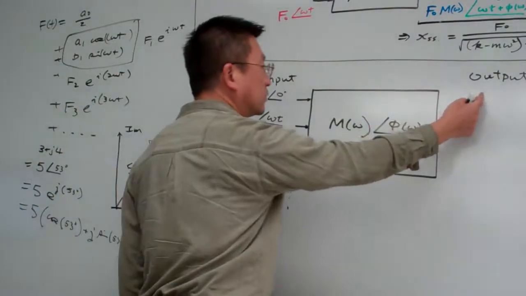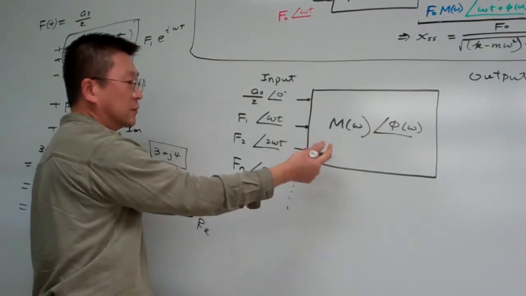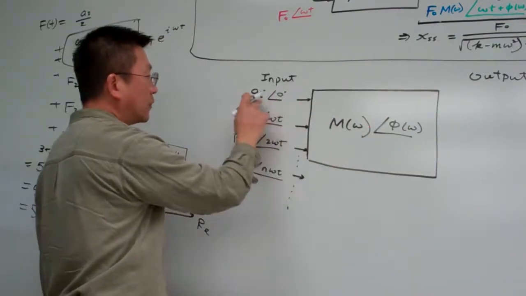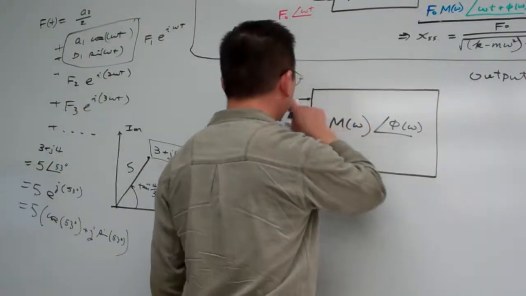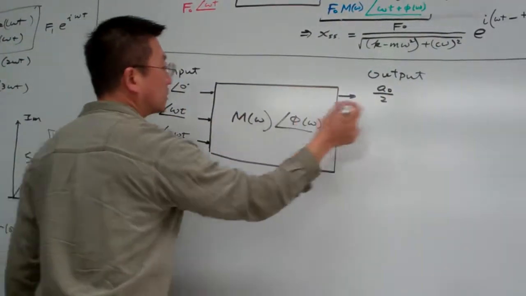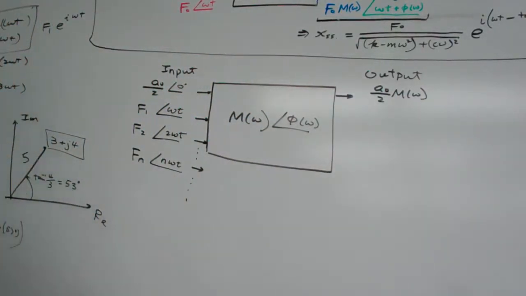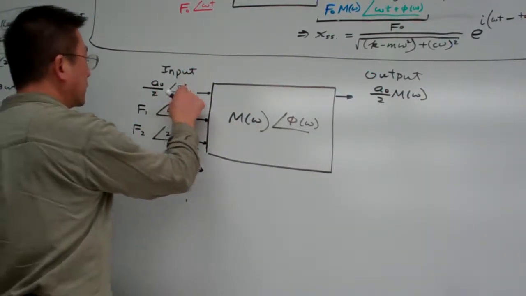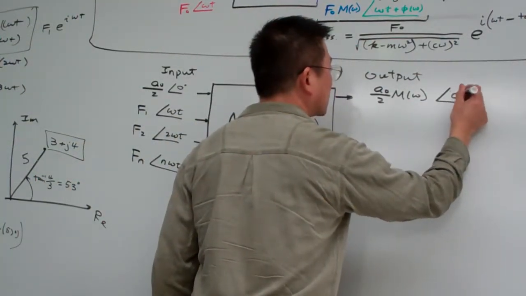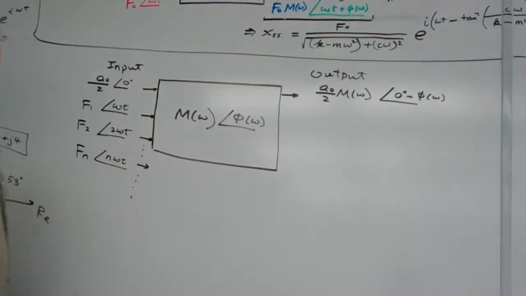Okay. So right now we have an input. The output, you can visualize this as the transfer function of the system responding to this one. We have again the magnitude multiplied together. That is A0 over 2 multiplied with M(omega). And then the phase angle is simply this one added to this one, so phase angle equals 0 degrees plus phi(omega).